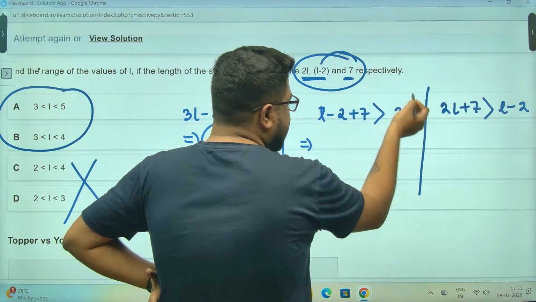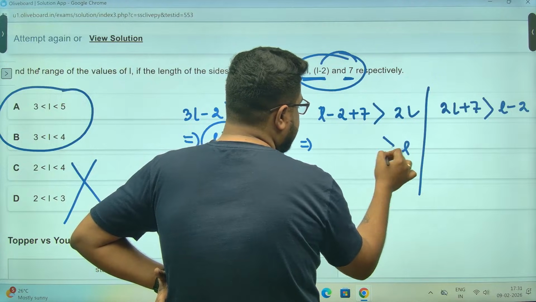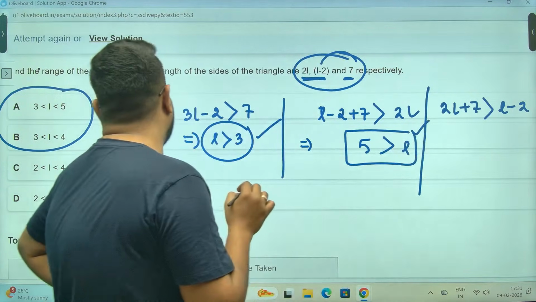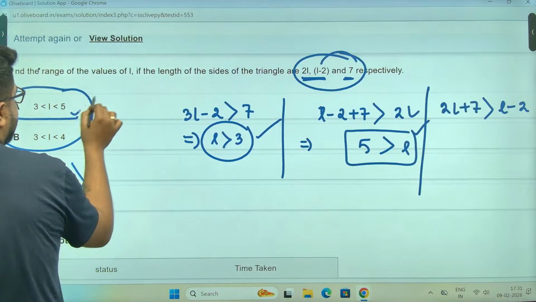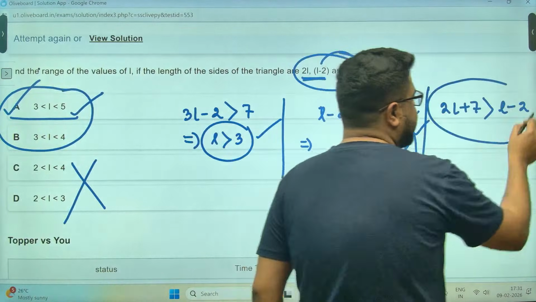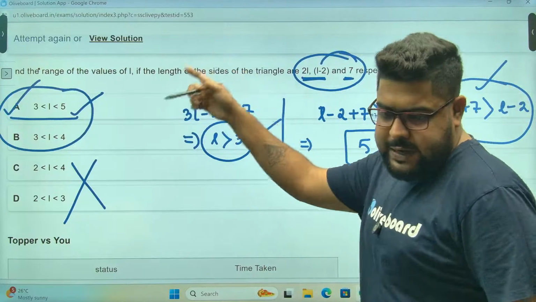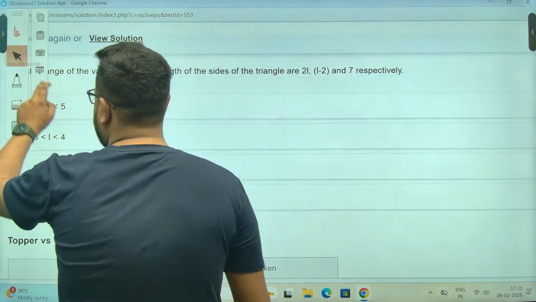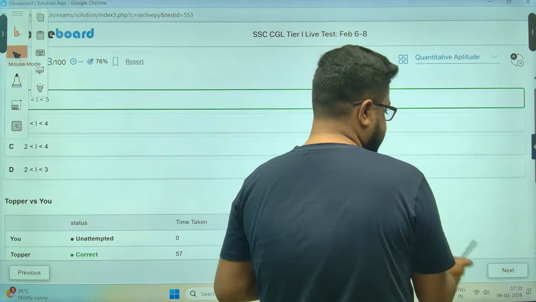So 2L, L goes that side, meaning it becomes L, and this is 5. So L has to be less than 5. So that is there in option number 1. I don't even need to check this. I will not even have to check this, sir. I can give the answer by checking only the first two. That means option 1 is 100% the correct answer.